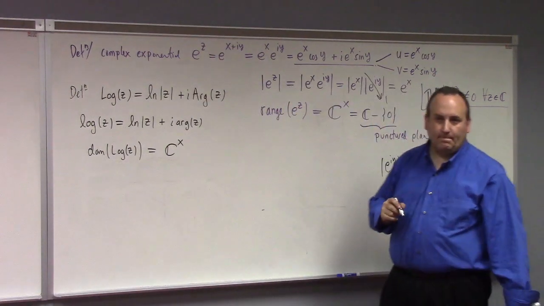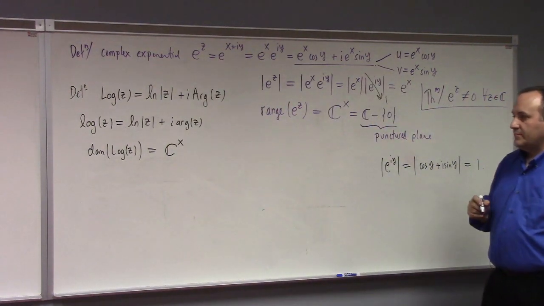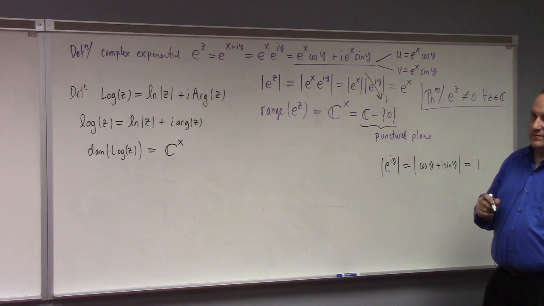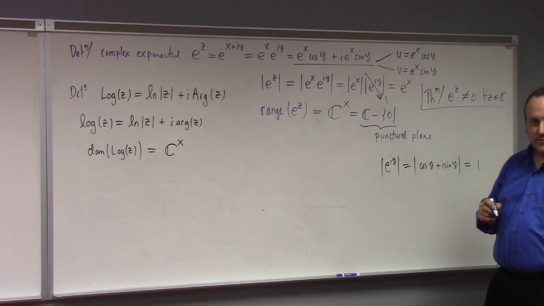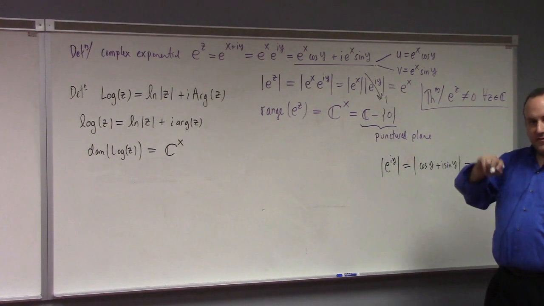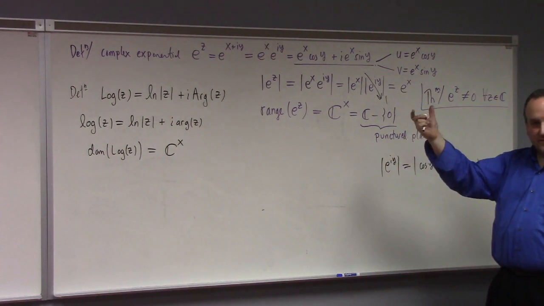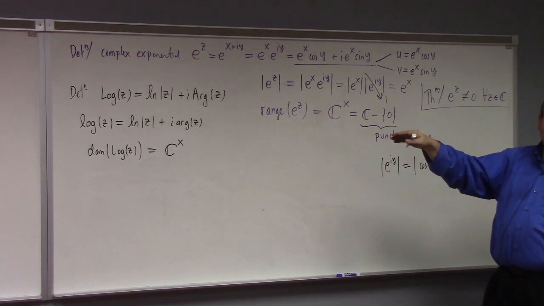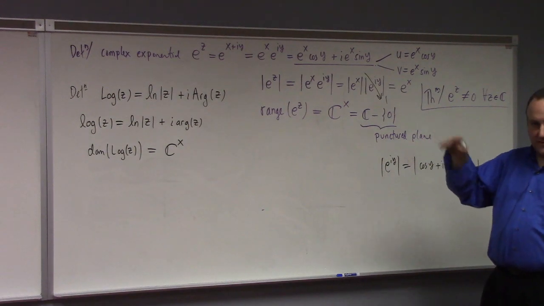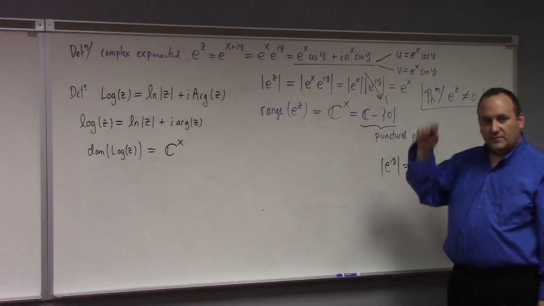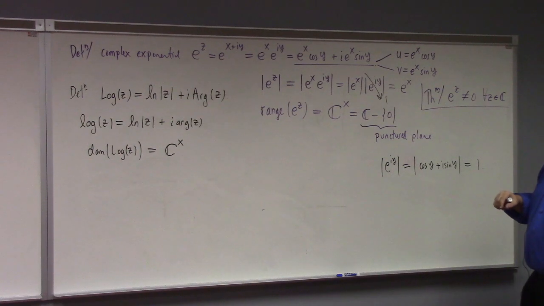Unless we want to make the log continuous, in which case we have to do a little bit more. We have to remove a ray, because the log is discontinuous if that's the whole domain, because there's an angle jump. So if we want to make the log continuous, we have to throw out a ray from the origin. More on that later.